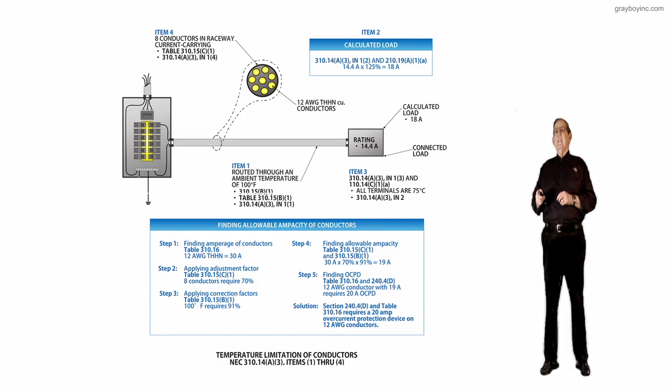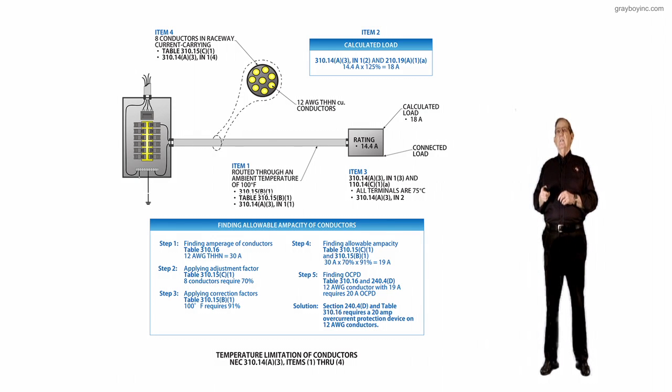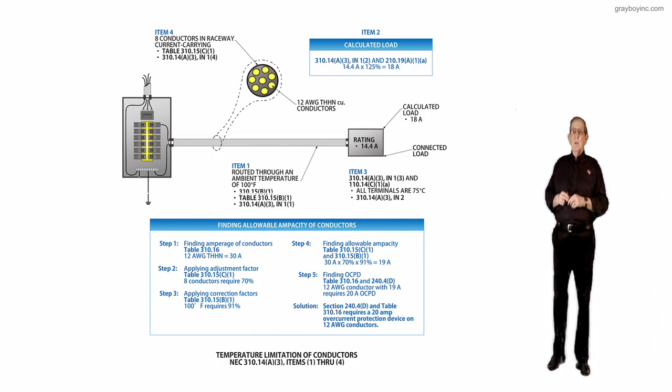The calculated load is 18 amps, and you get that in the calculated load boxed in information. 310.14(A)(3) informational note 1, item number 2, or informational note 2, and 210.19(A)(1)(a), we take 125% of 14.4, and from connected load, we determine based upon the load being used for 3 hours or more, we pick up 18 amp. Now that's item number 2.